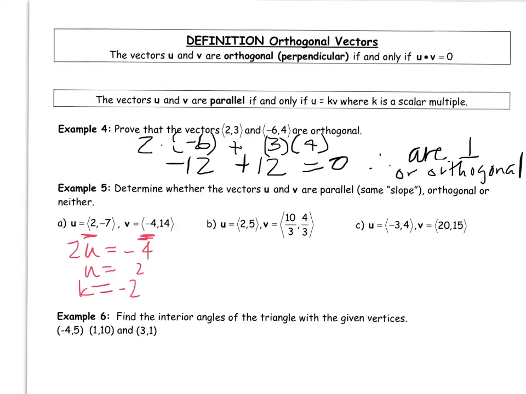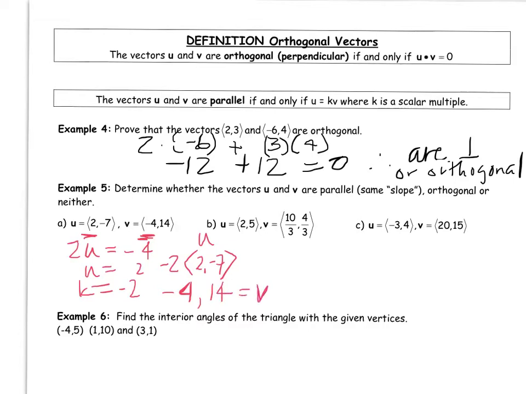So just FYI, let's talk about how to multiply a scalar by a vector again. If I have negative 2 and I'm multiplying it times the vector u, negative 2 times 2 is negative 4, and then negative 2 times negative 7 is positive 14, and lo and behold, that's equal to vector v.